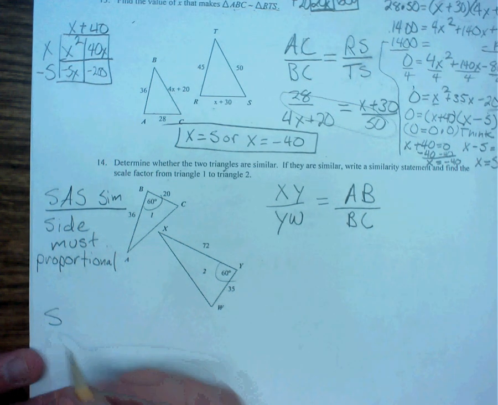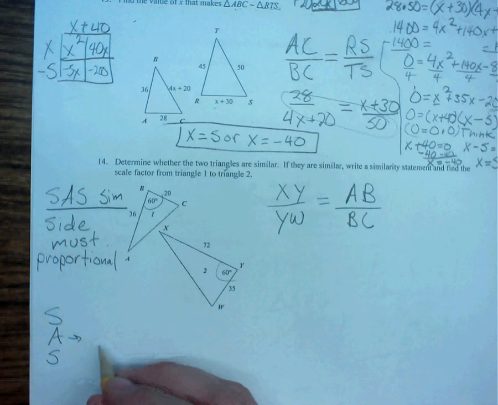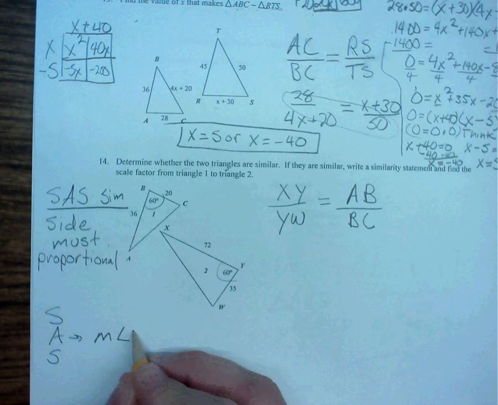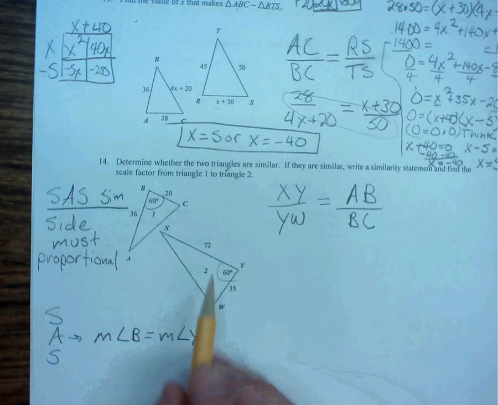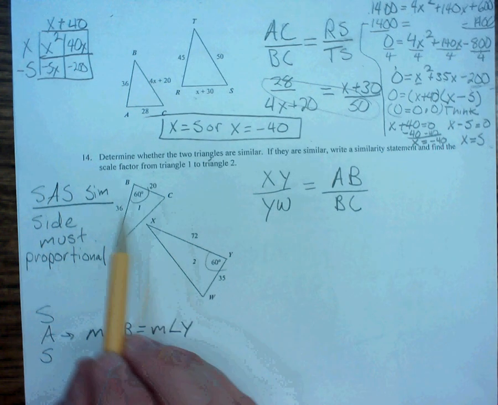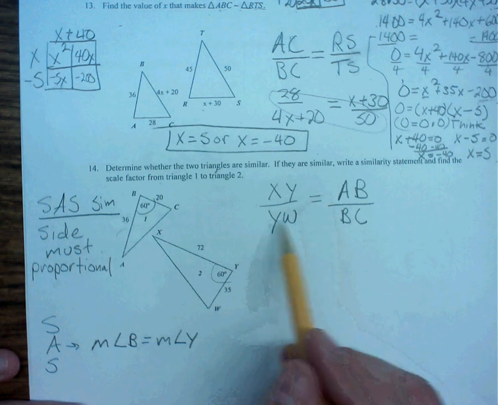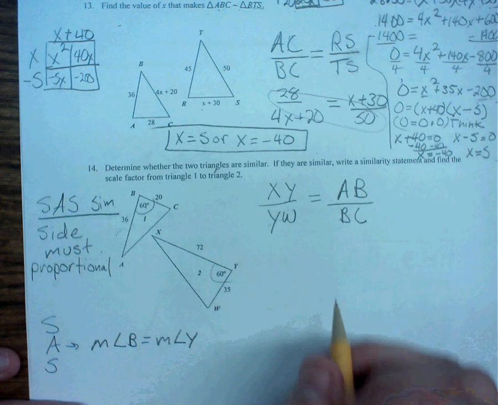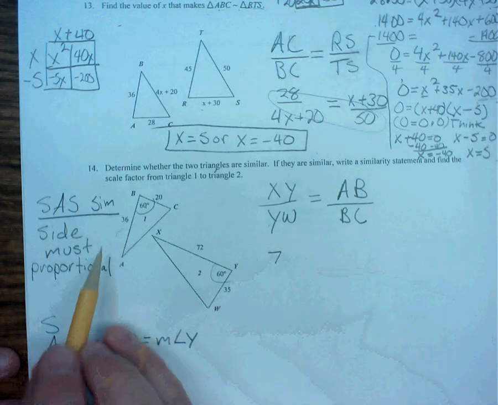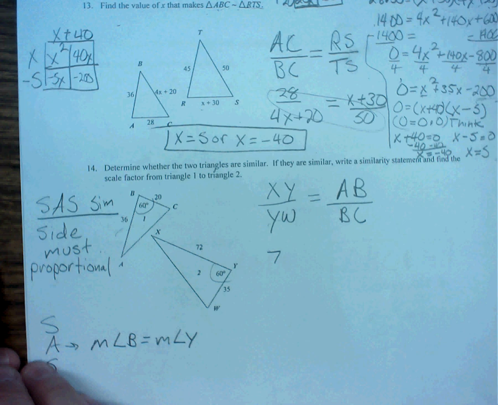So I need a side, an angle, and a side, and what qualifies this is that the measure of angle b is equal to the measure of angle y. So it's still side-angle-side, but we have to make sure that the sides are proportional. The easiest way to do that is to do this. So xy is 72. By the way, the scale factor is 2, isn't it? Or it should be. But you'll find out in a second.